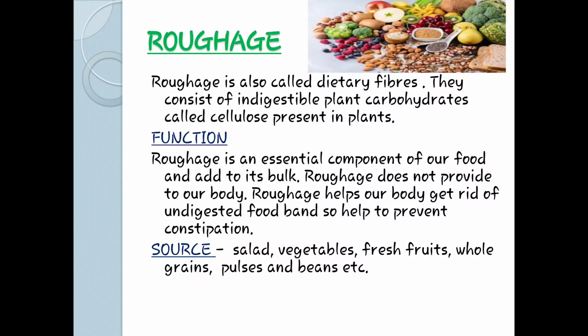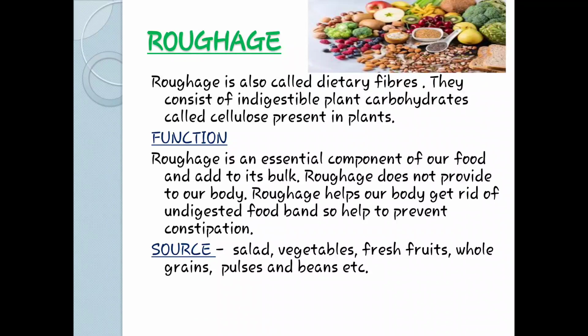The last component is roughage. Roughage is also called dietary fiber. It consists of indigestible plant carbohydrates called cellulose present in plants. Function: roughage is an essential component of our food and adds to its bulk.